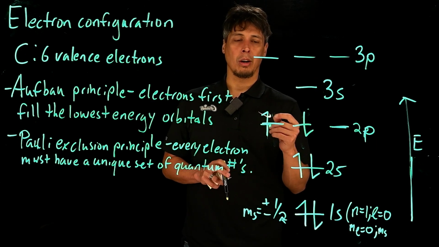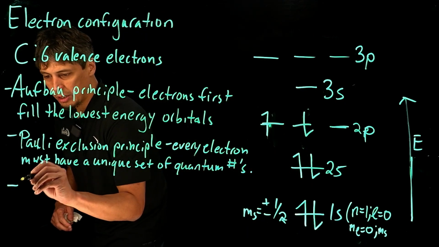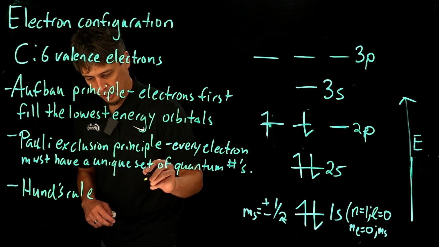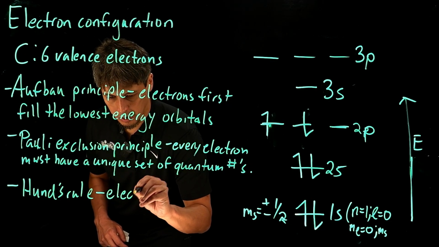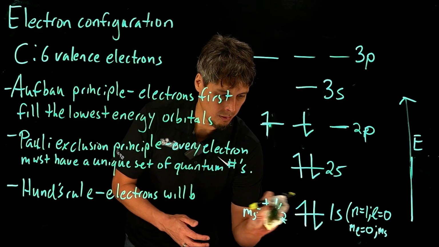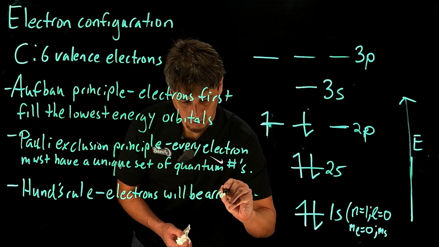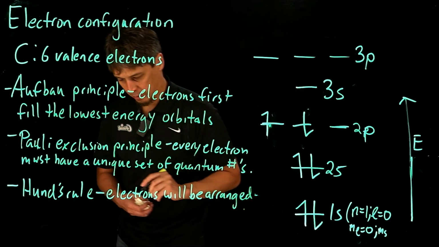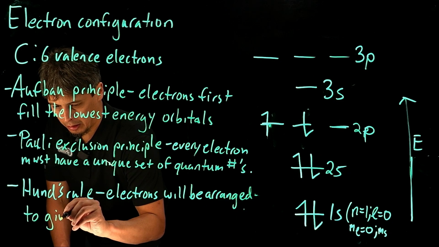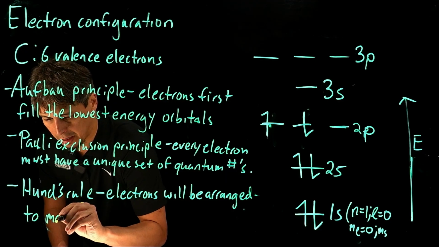So in order to figure out which configuration is correct, we need Hund's rule. Hund's rule says electrons will be arranged to maximize the spin.